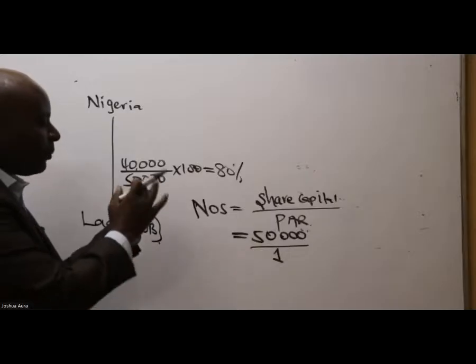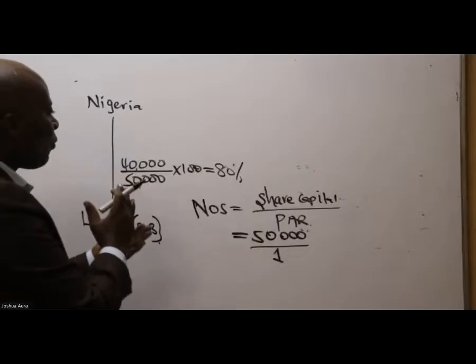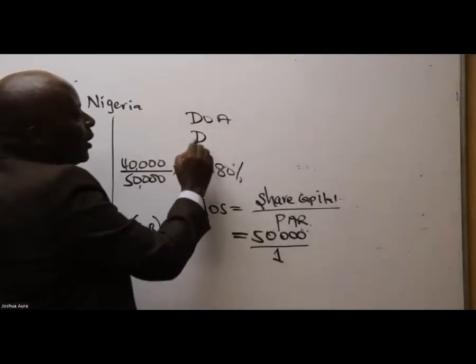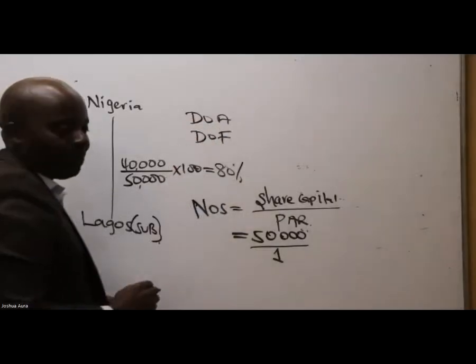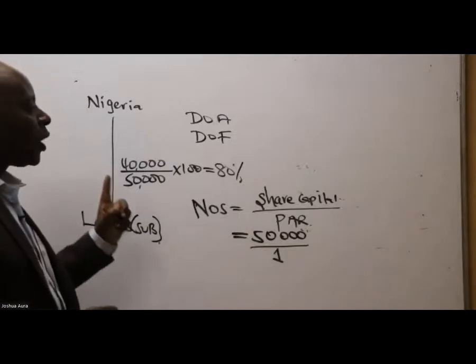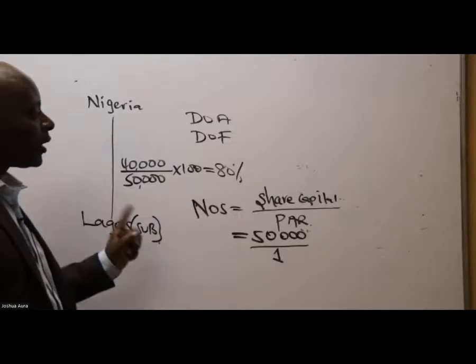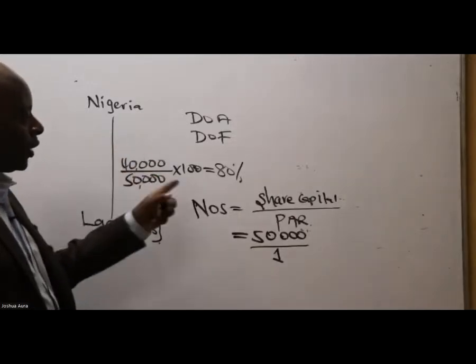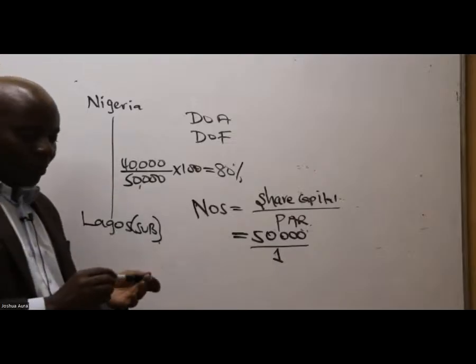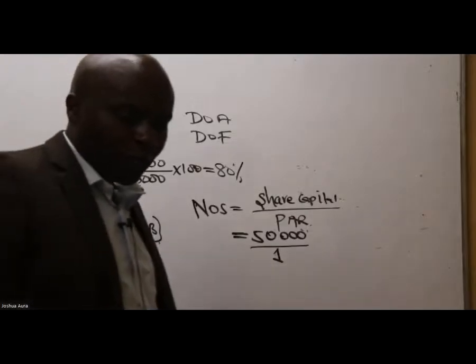So I would want to count the number of months. For me to count the number of months, I would be interested in knowing the date when we acquired the subsidiary, the date of acquisition, and the date of the financial statements. The date of acquisition for sure is given here.